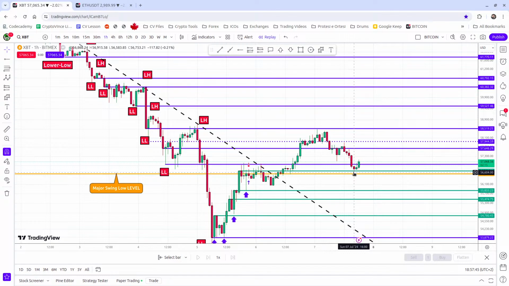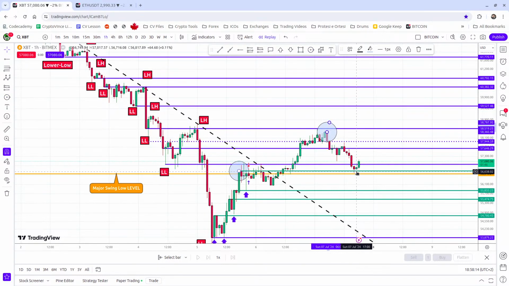Okay, so this is not so bearish. I mean, what's bearish about this, to be honest? Let's see what's bullish, what's bearish. What's bullish is actually the fact that we made a swing high here, and we made a higher high right there.